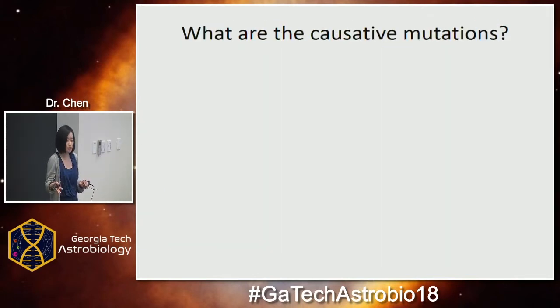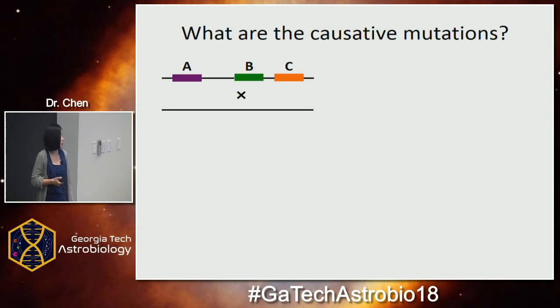So how do we know which mutations are actually responsible for those morphological changes? We did these analyses called bulk segregant analysis. The idea is that, let's say there are 3 mutations in our evolved isolate, and we want to know whether it's A, B, C, or A and B, B and C, A and C, or A, B, C together that are responsible for the phenotype.